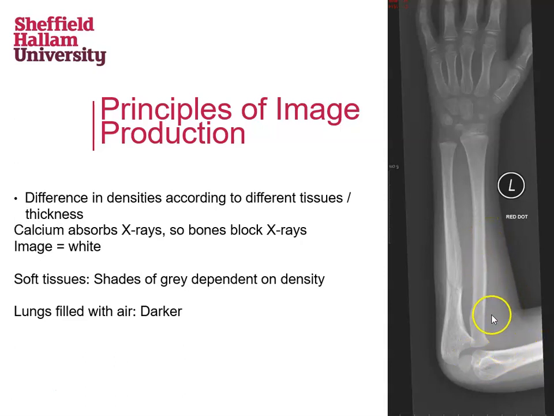Soft tissues, you can see here this is muscle around here, which are blocking some of those X-rays. So you've got denser tissue, and then you've got either thinner tissue or less dense tissue, where the skin and the fat is there. It's a lighter shade of grey, a darker shade of grey, and then here we've got the complete background where there is nothing blocking the X-ray passage, so we get a much darker image at that point.